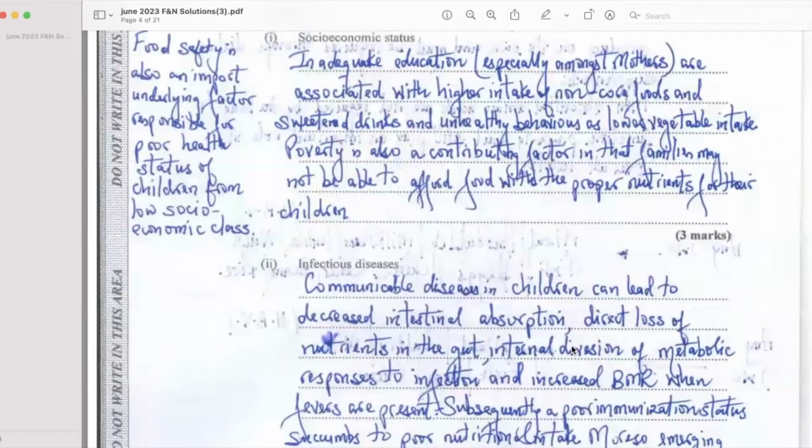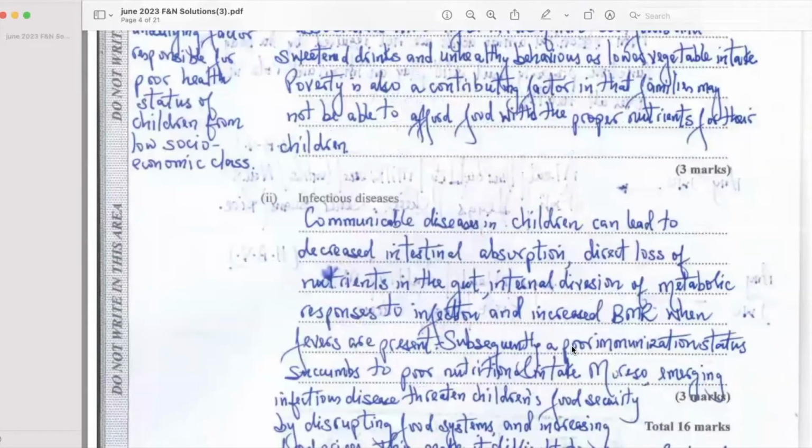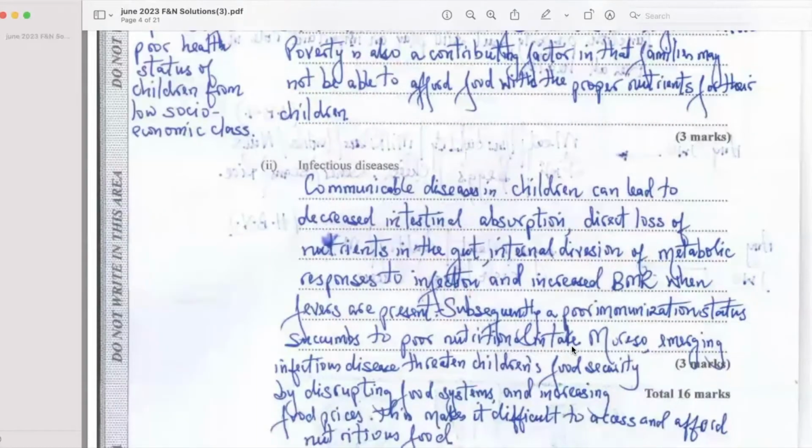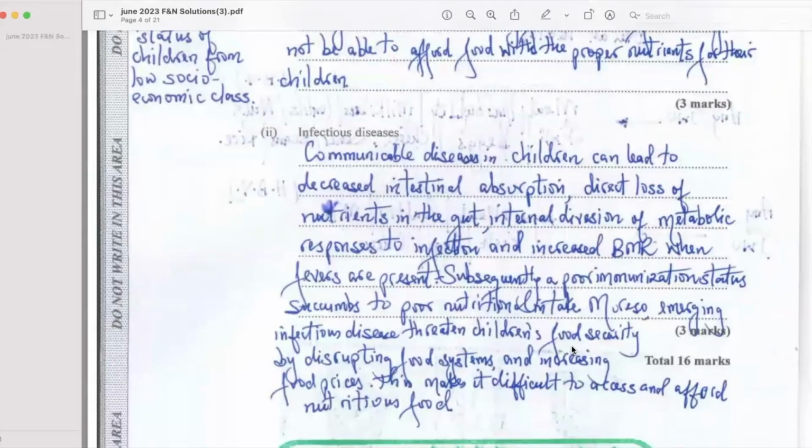All right, infectious disease. Communicable diseases in children may lead to decreased appetite, poor absorption, and direct loss of nutrients. So these are some possibilities for it.